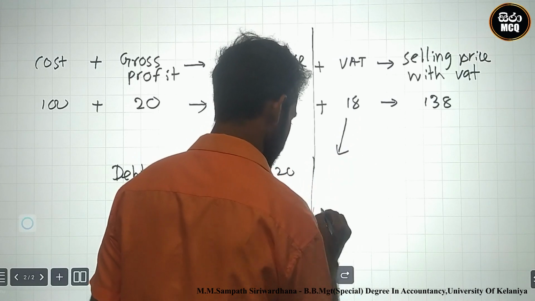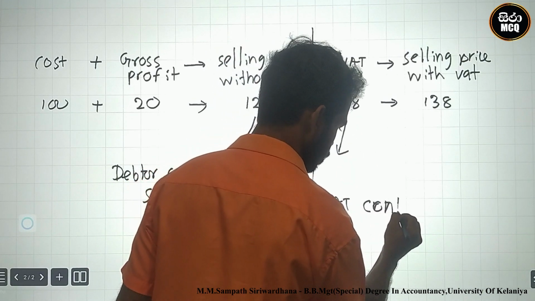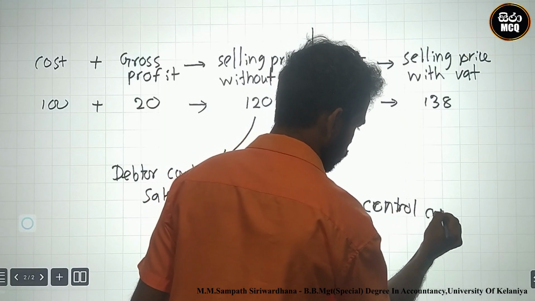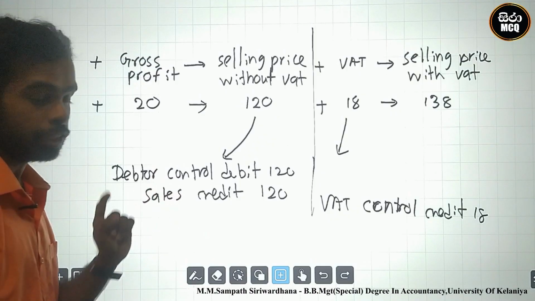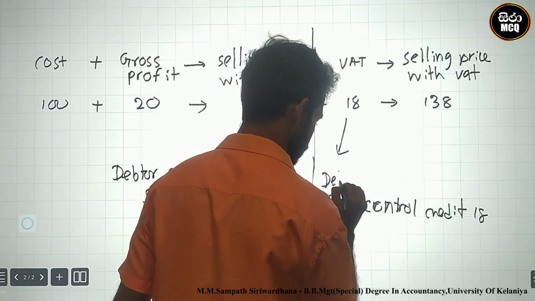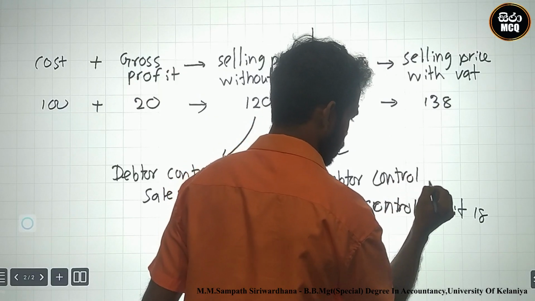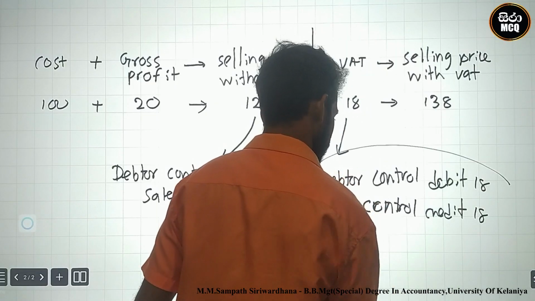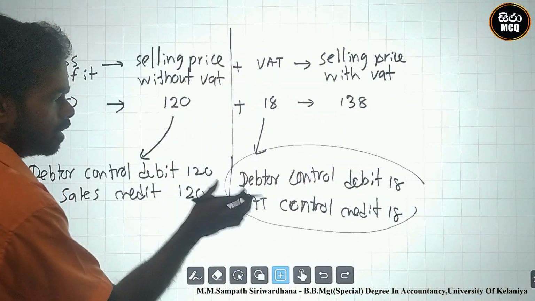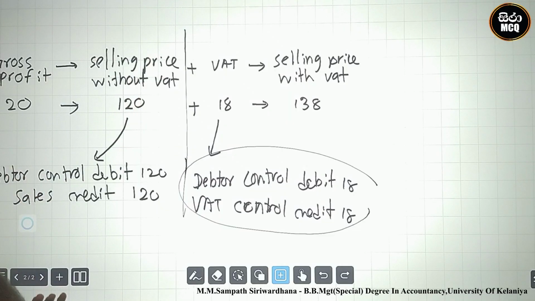Therefore, VAT double entry: VAT credit, VAT control credit 18, debit to debtor control, debit 18. This is the double entry for VAT. Up to this point was done.